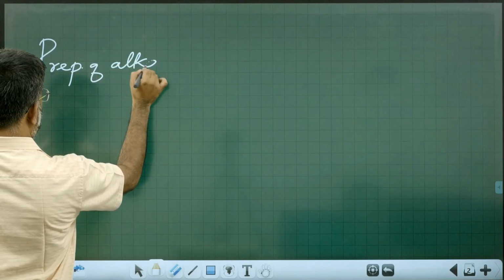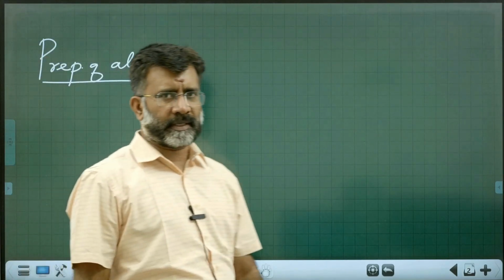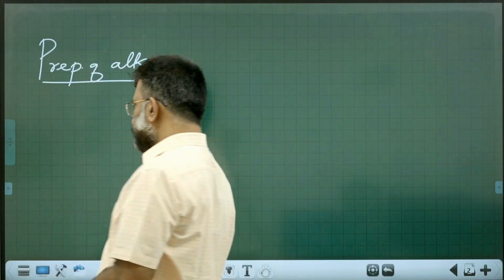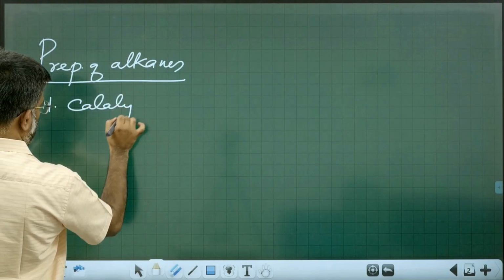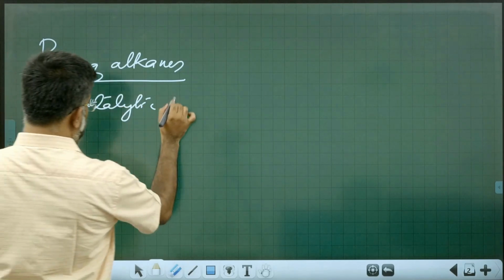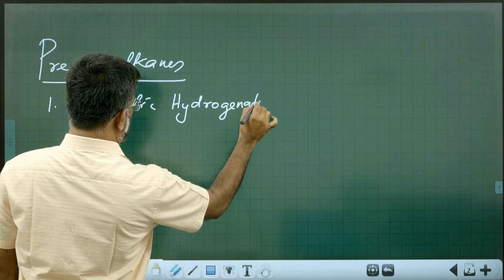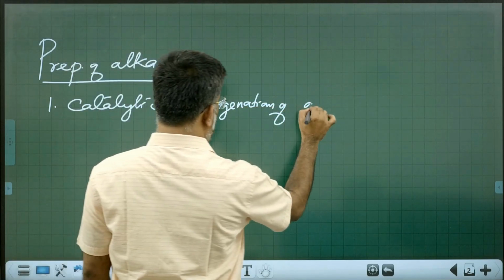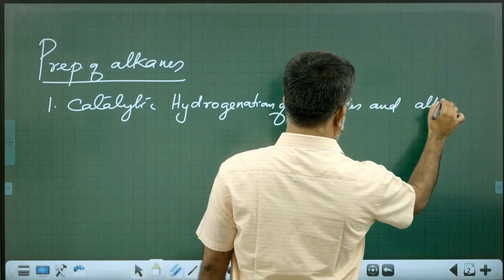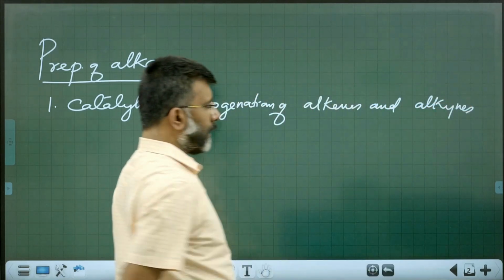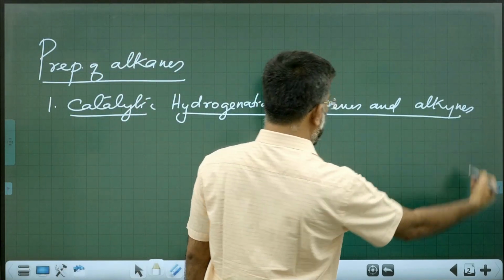There are some important preparations of alkanes. Number one, catalytic hydrogenation of alkenes and alkynes.